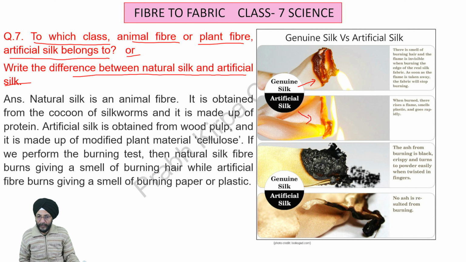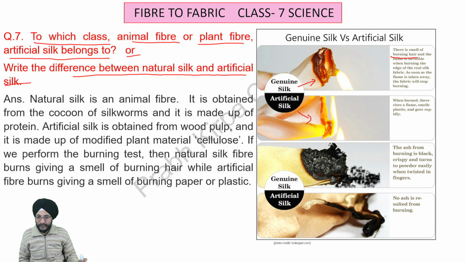When you burn genuine silk, it gives the smell of burning hair and the flame is invisible. On the other hand, when you burn artificial silk, it gives the smell of plastic or burning paper, and the flame is also visible to us.